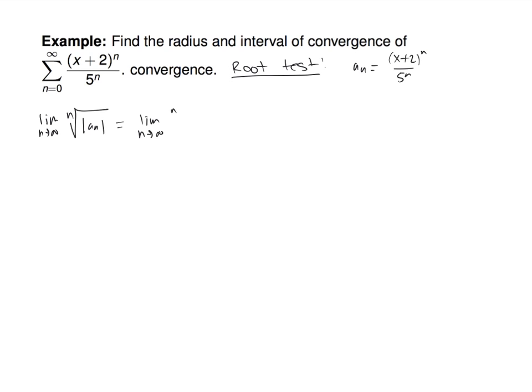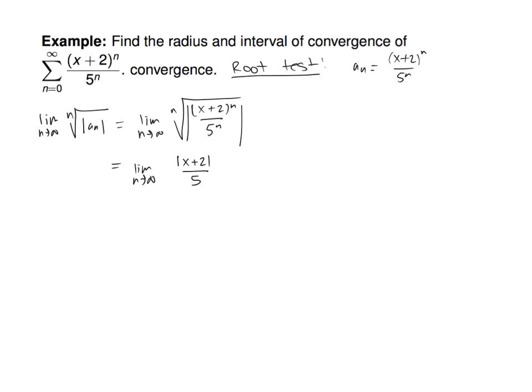Taking the nth root of the absolute value of (x plus 2) to the n over 5 to the n, do you agree you just get the absolute value of x plus 2 over 5, because the nth root goes away? Yeah, exactly.